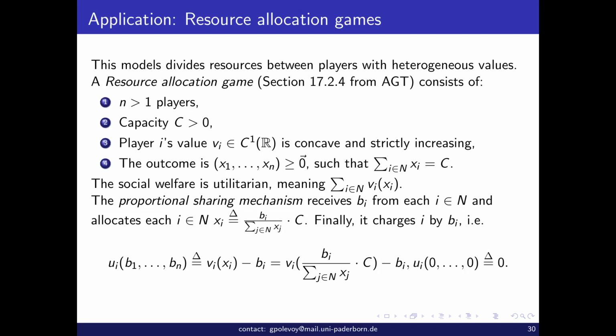And the mechanism eventually allocates each player a value which is proportional to her bi. So it's bi over the sum of bi's. It has to be bi here. A typo, 1 second, I'll fix it.